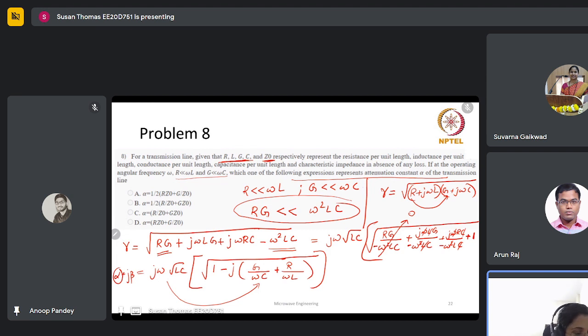So if I take out that real expression, that will be 1 minus j by 2. Sorry, alpha is equal to... did I miss a 1 by 2 somewhere? I think.